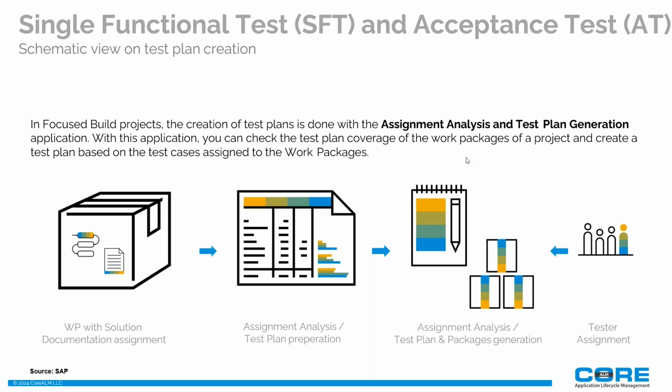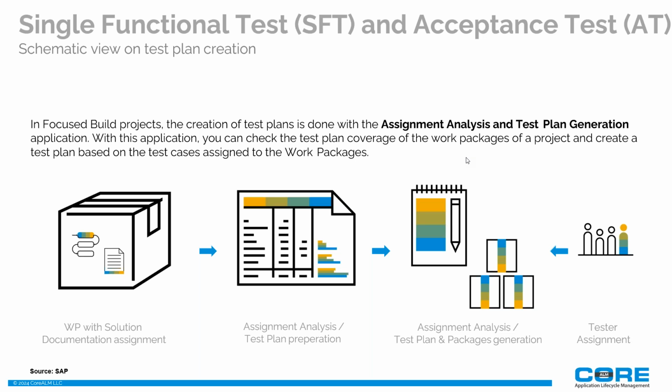So now to go more into details of how this will get done. So in Focus Build we have a tile application called assignment analysis and test plan generation. So this does the work packages that are assigned to solution documentation.